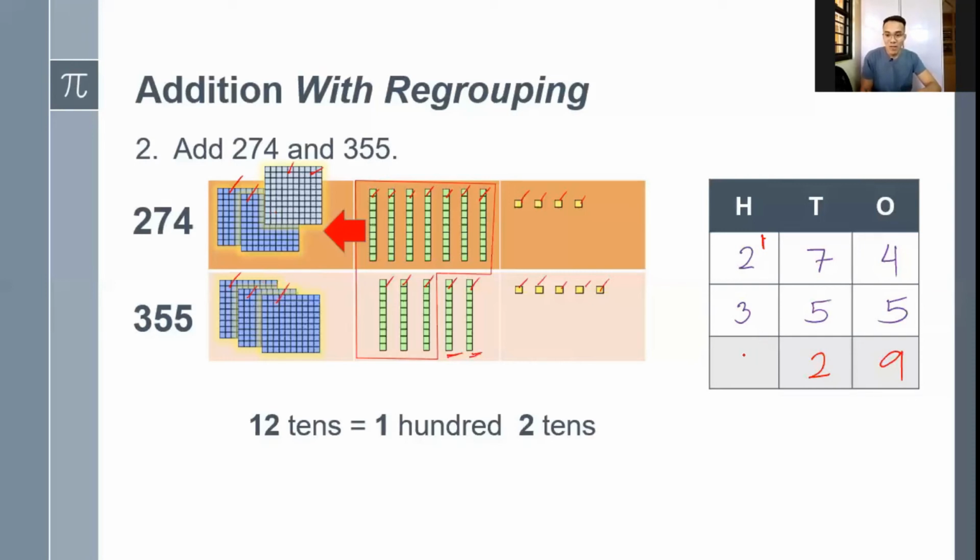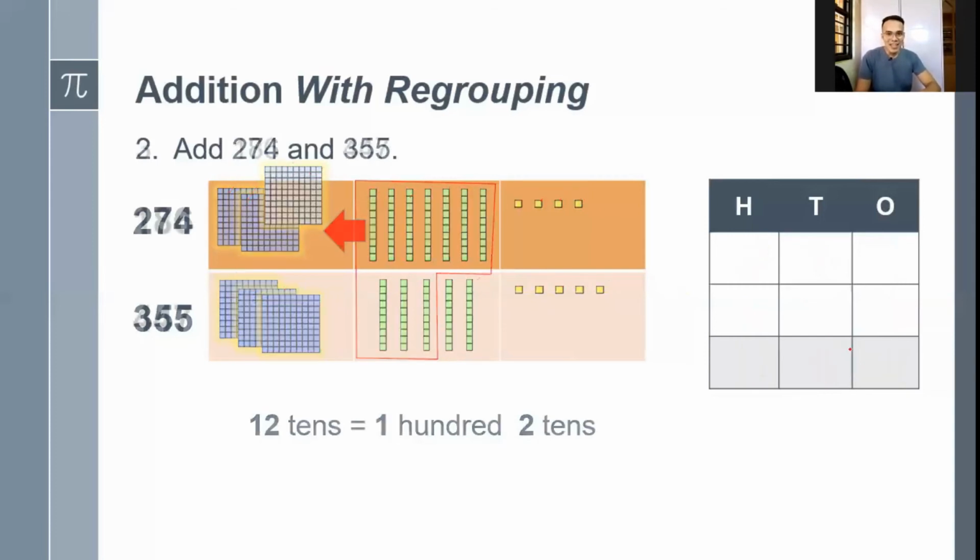There are a total of 6 hundreds. 200s plus 300s is 500s, plus 100, we have 600s. Therefore, 274 plus 355 is equal to 629.